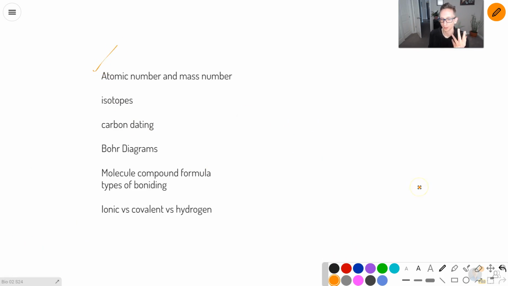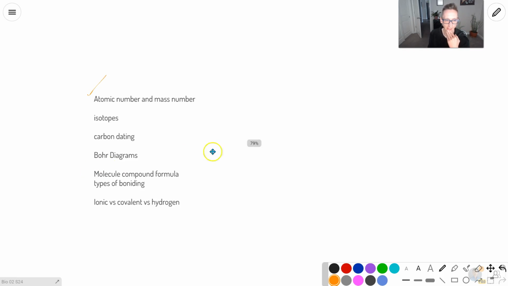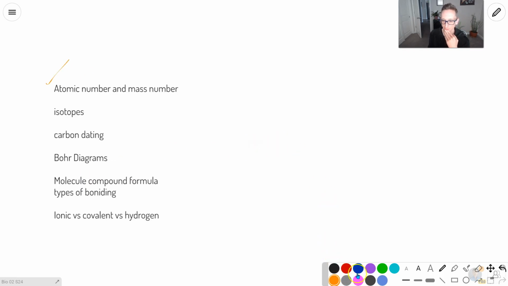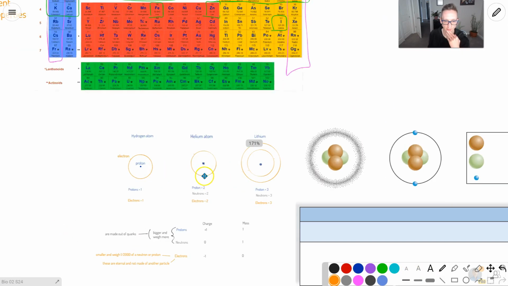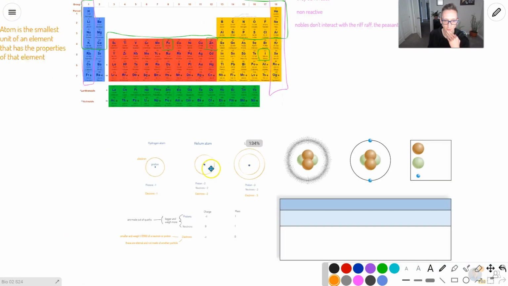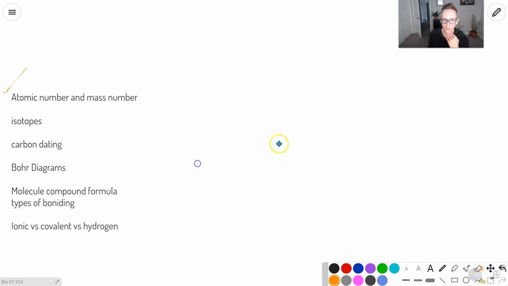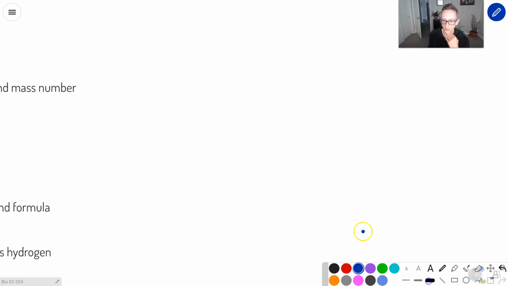Isotope, so what is an isotope now? Well, let's just talk about carbon. So we can have something called carbon-14, and we can do carbon dating. Let's go ahead and draw out a carbon atom. The protons I was doing in blue, neutrons I was doing in gray. All right, so carbon is 6.